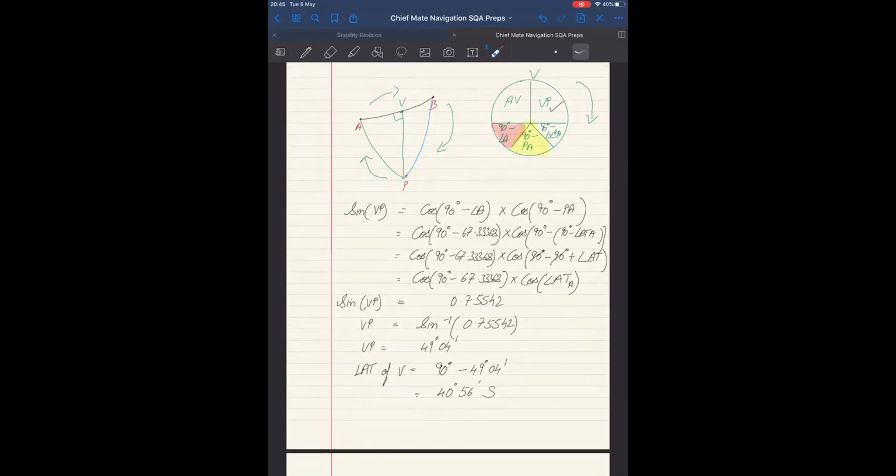Let's see in the same Napier's wheel. I'm supposed to find out this angle, which is VPA. So it is this bit. As I said, whenever we are solving anything with respect to Napier's wheel, we need to solve everything with respect to two values which have already been given.